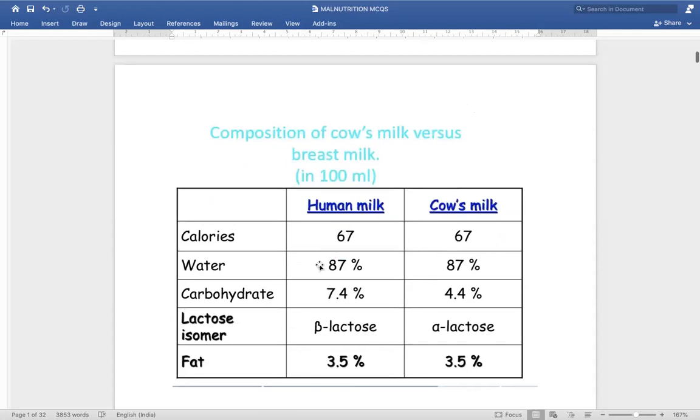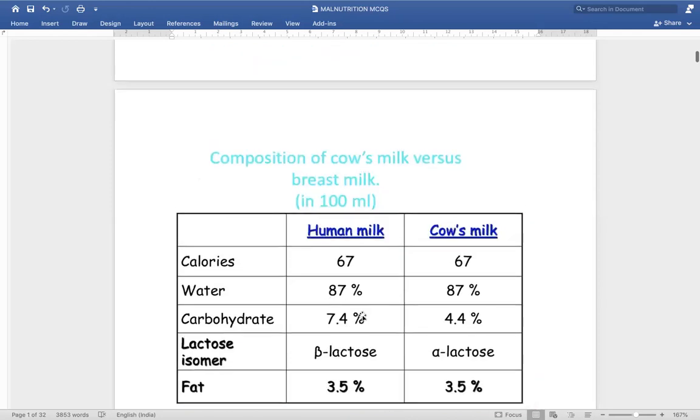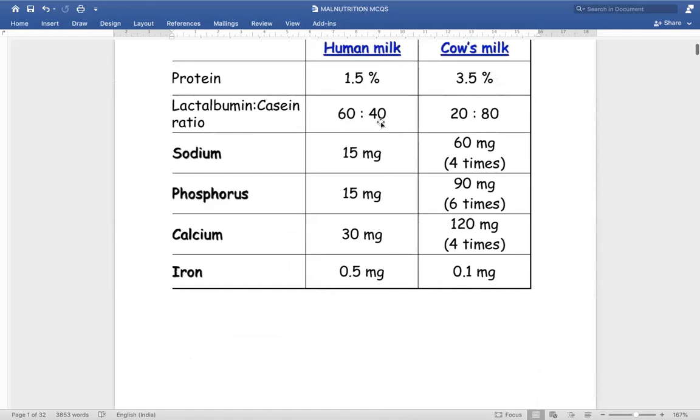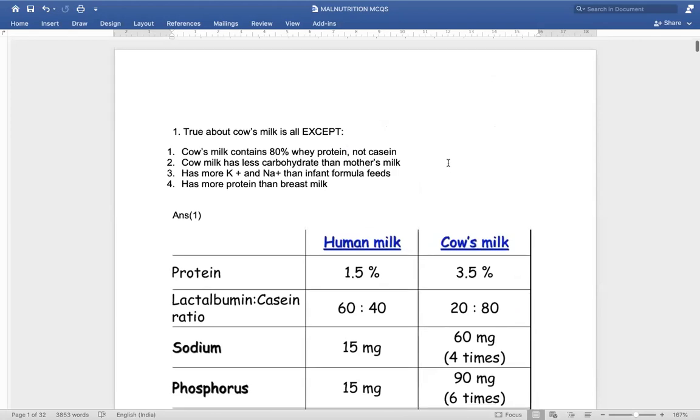Calories is almost same, water content is almost same, and human milk has more carbohydrate, and fat percentage is almost same. So what is more in human milk is carbohydrate, iron, and whey protein content, and the rest of the things like sodium, phosphorus, calcium are all more in cow's milk.